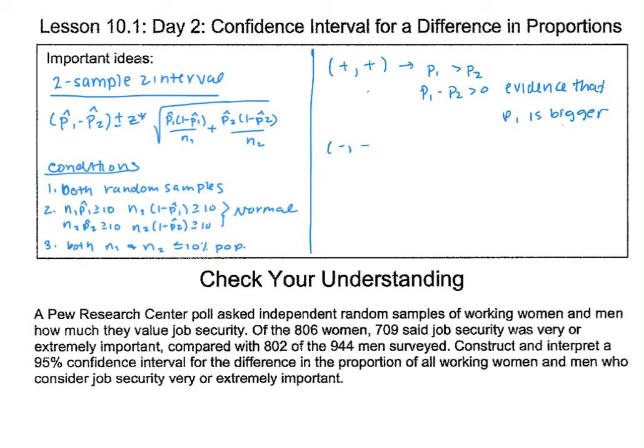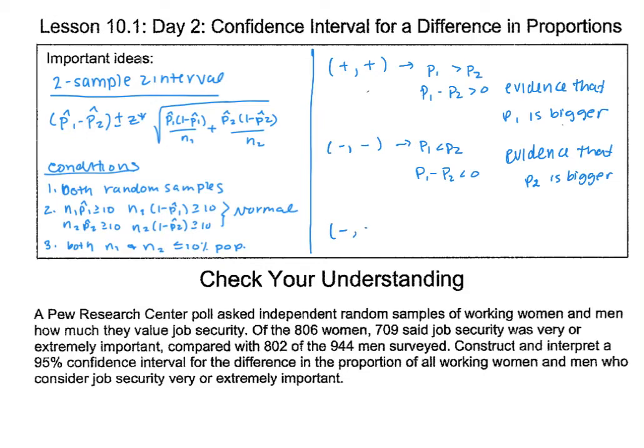If you have an entirely negative interval, that means that P1 is less than P2. So if you were to do P1 minus P2, you'd get a negative number everywhere. So there's evidence that P2 is bigger, and you would interpret that in the context of the problem.